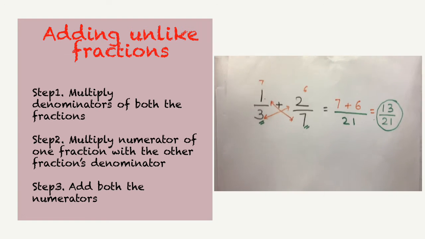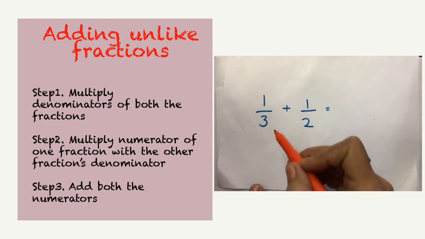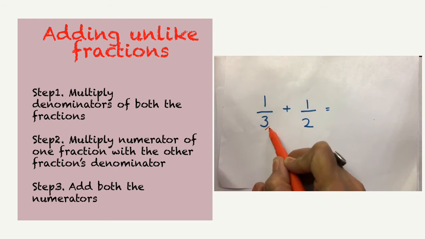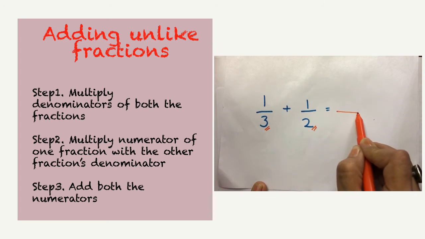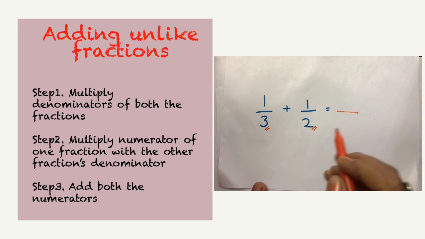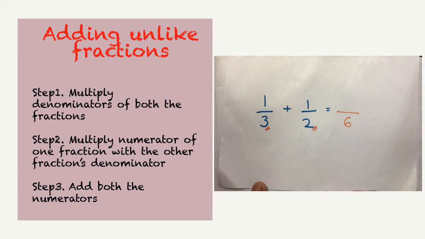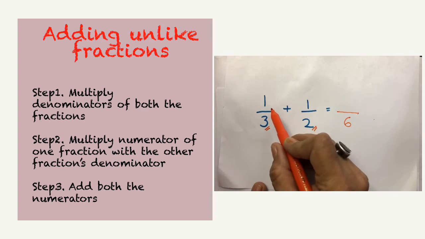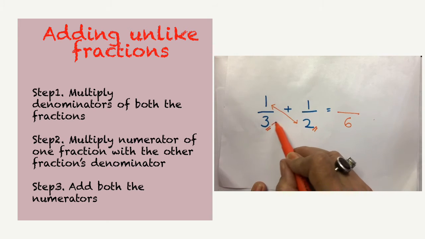Let's take another example now. Here you may see two numbers which have different denominators. What would we do? We will multiply these two numbers. It gives 3 2s are 6. And what do we do with the numerators? We diagonally multiply.